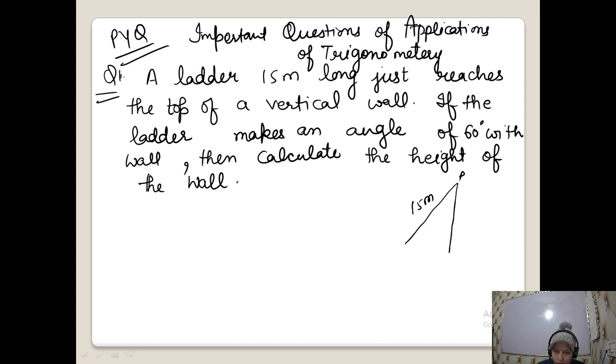You can name the points P, Q, R. This is 90°, and the ladder makes an angle of 60° with the wall, and we calculate the height of the wall.